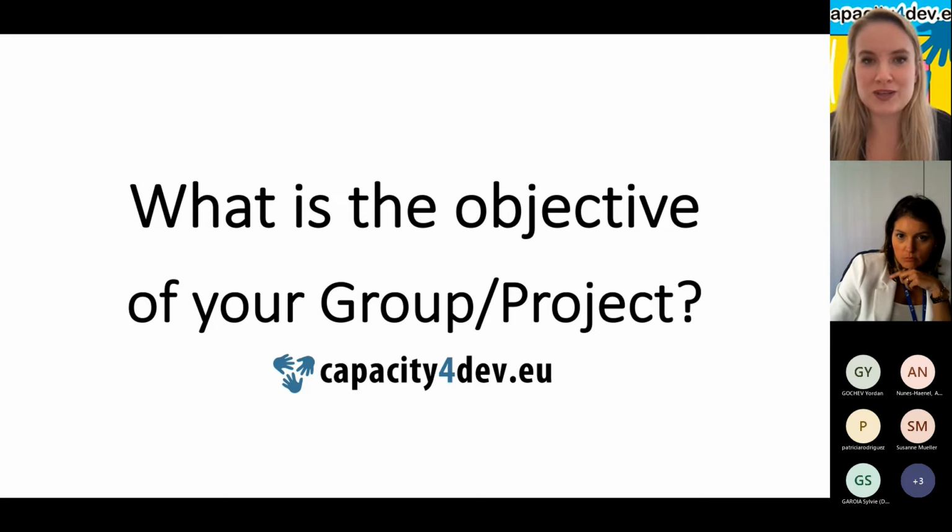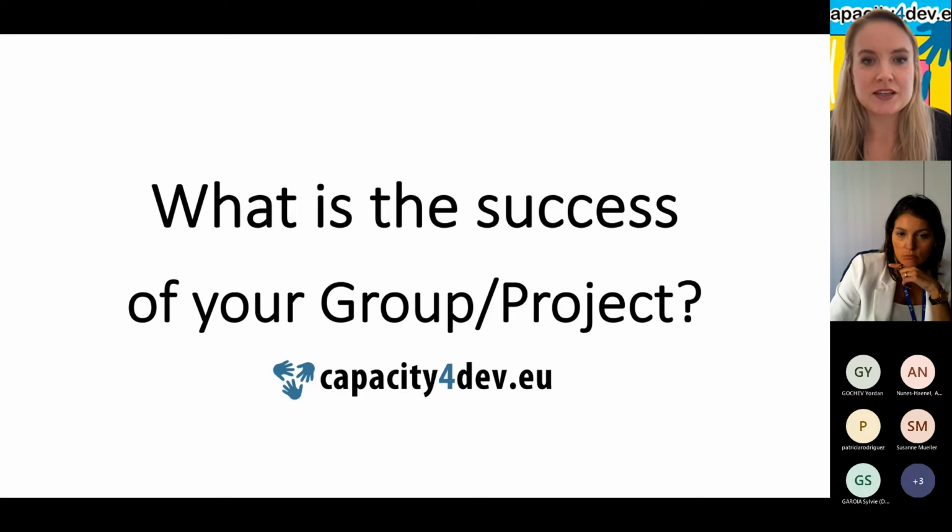I hope that all of you at this stage set some kind of objective that you would like to achieve with your own group or project. This is also about what the success of your group is, because the objective can equal the success.